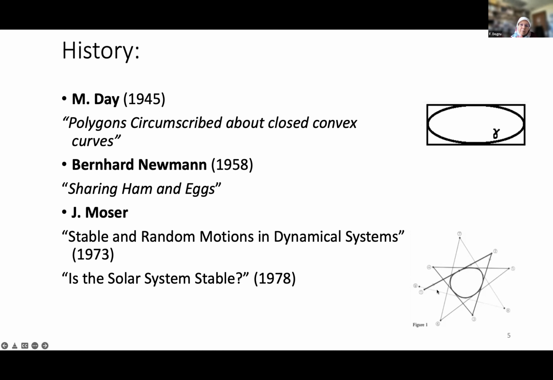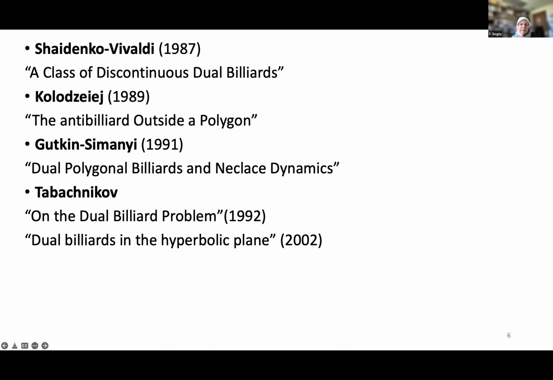Today, the subject is still very popular in mathematics, physics, and mechanics. The main question for outer billiards is whether orbits can escape to infinity, or in other words, can we find unbounded orbits? Several mathematicians found different answers for certain polygons.